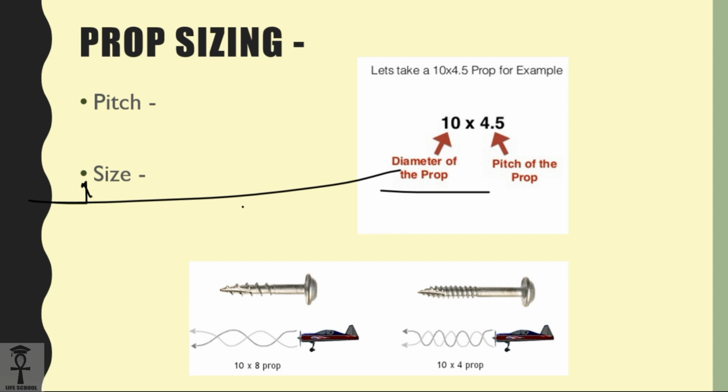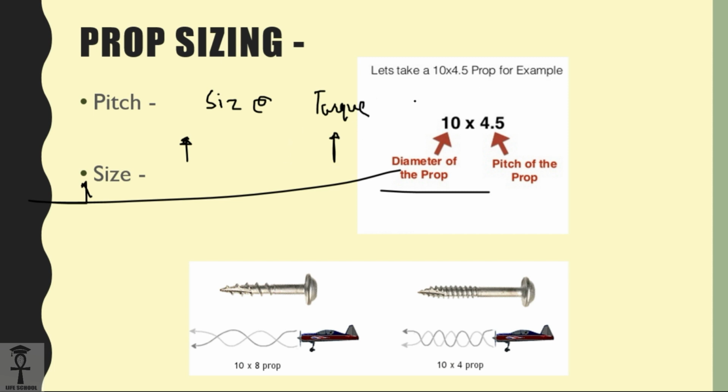So after finding out the size, we can actually characterize the prop, because if the size is big, the torque requirement will also be greater. So that means if the size is big, the torque requirement will be big.